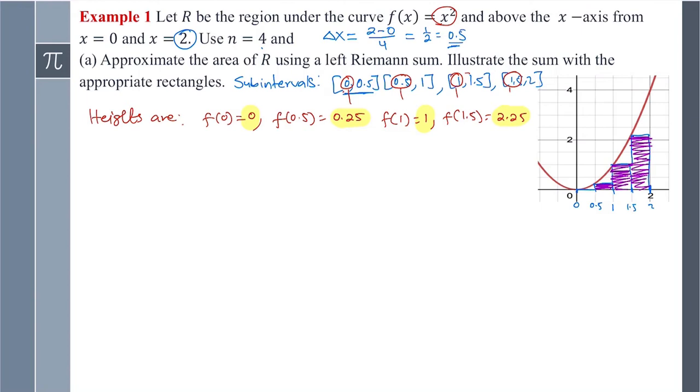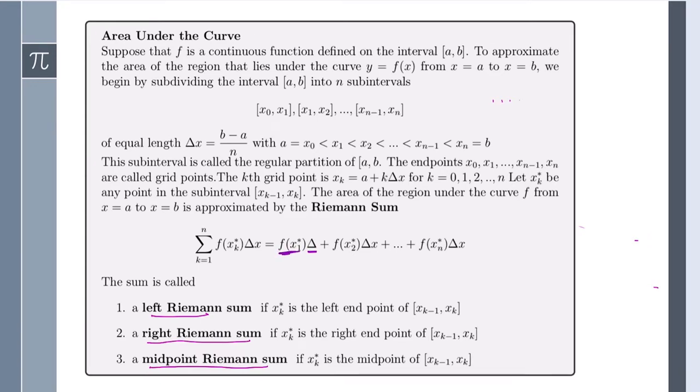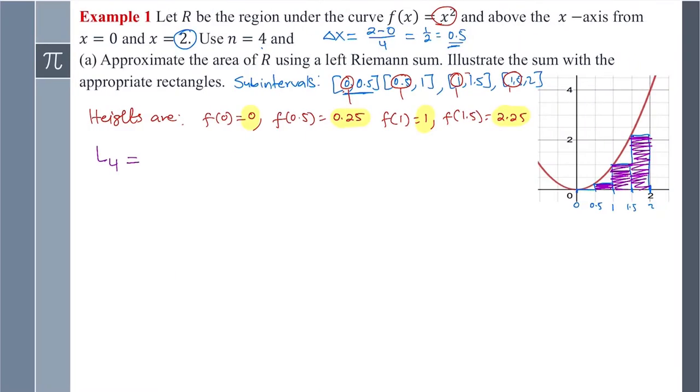So the left Riemann sum with 4 rectangles, usually written L sub 4, is given by delta x times the height. Delta x is 0.5.